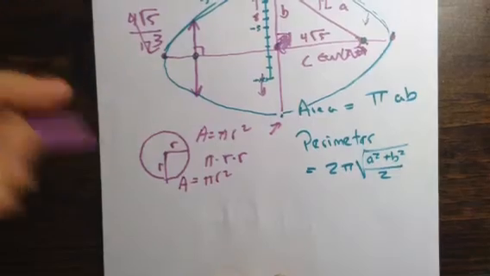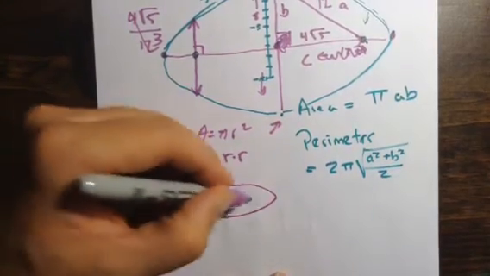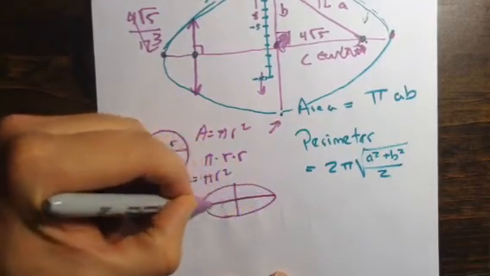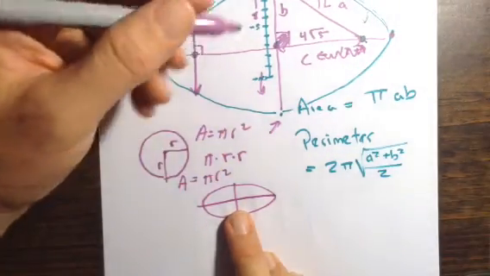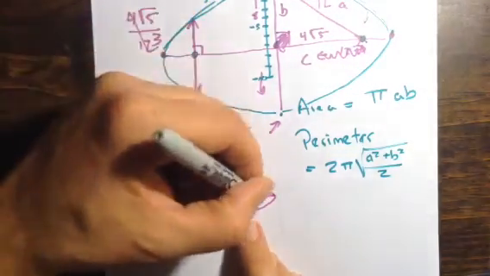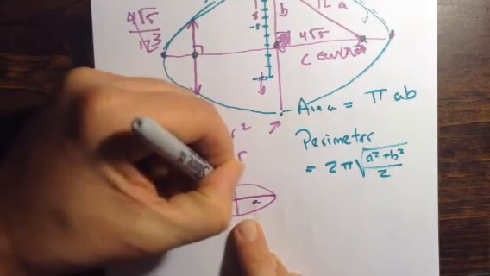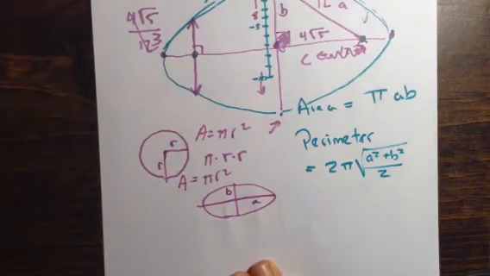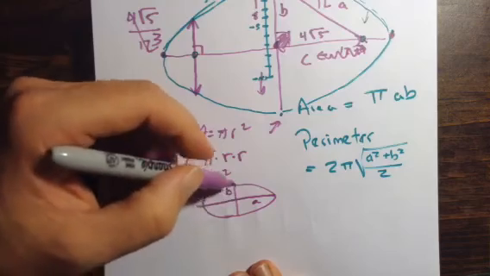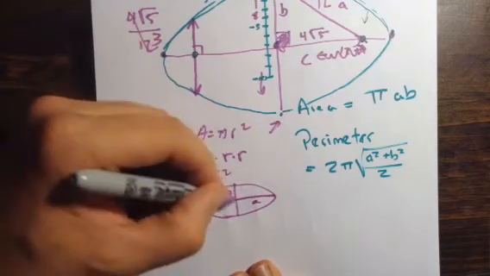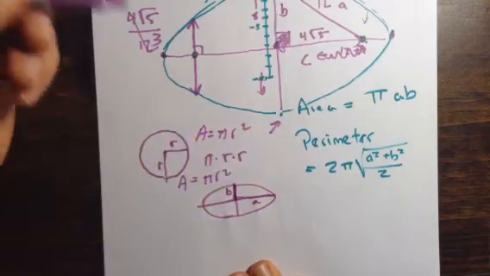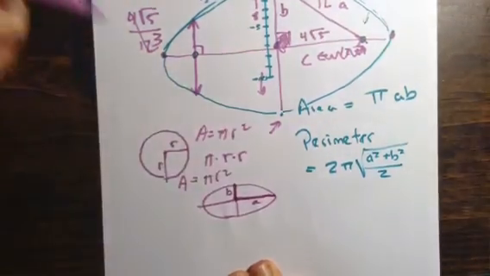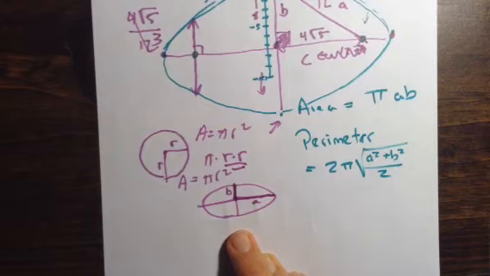Well, a very similar thing occurs in an ellipse. I'm not going to call them radii, but we're going to get the idea. Let's just call this your a value and your b value for lack of a better thing right now. Why don't we say b times a, or a times b, times pi would be your portion of a radius, and no different than how you found the area of a circle.